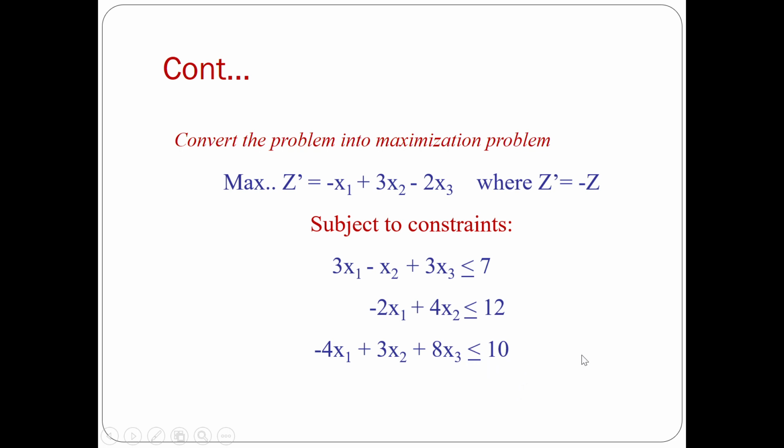Just by multiplying it by -1, it has been converted into minus 4x1 plus 3x2 plus 8x3 less than or equal to 10. So if we multiply an equation by -1, the greater than or equal to sign is converted into less than or equal to. This is what we do to convert a normal problem into canonical form. And we have to add the non-negativity constraint.